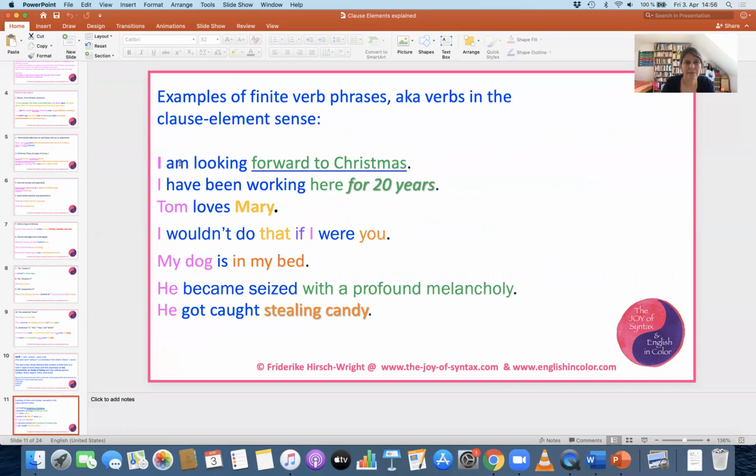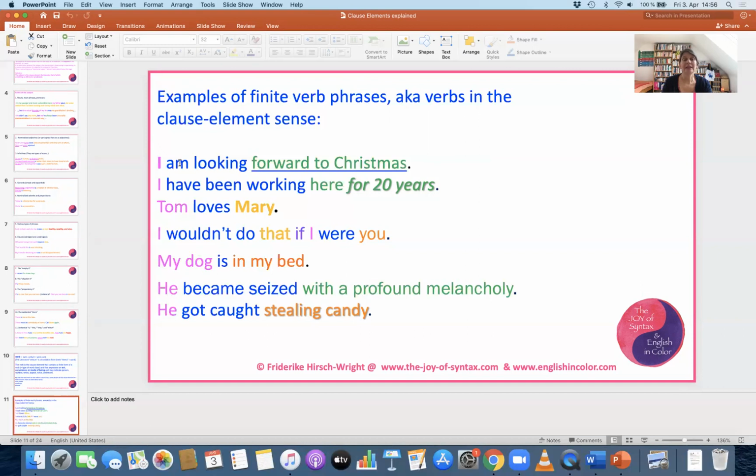So I am looking is the verb form, and am is the conjugated verb, and looking is the participle. So that's the non-finite verb form. And together they form a phrase, and this phrase functions as the verb in the sense of it being a clause element.